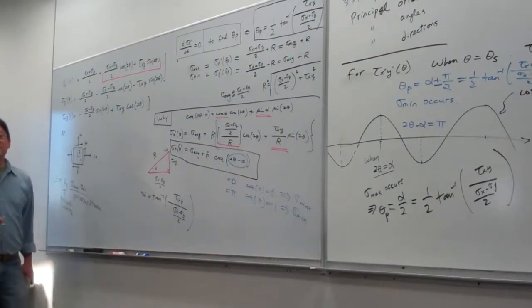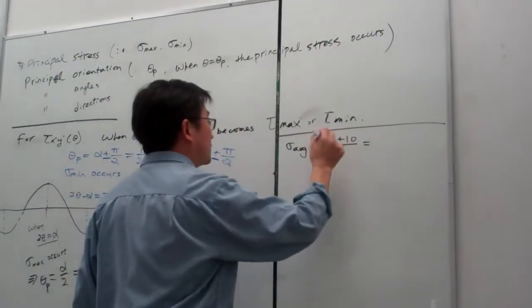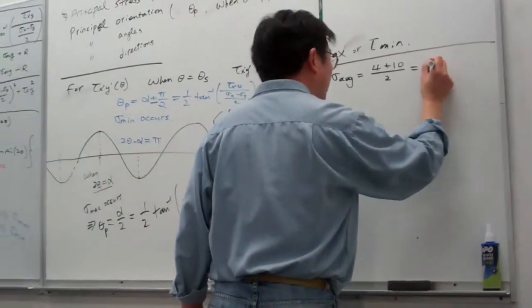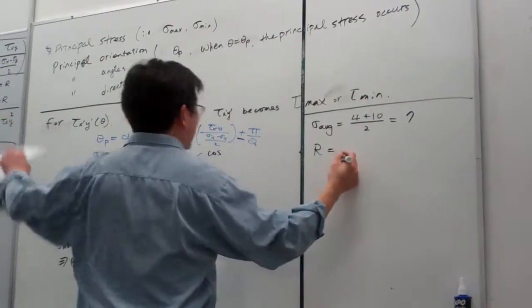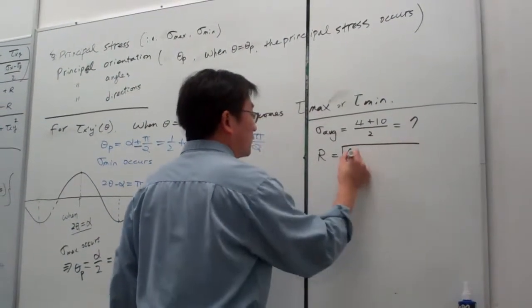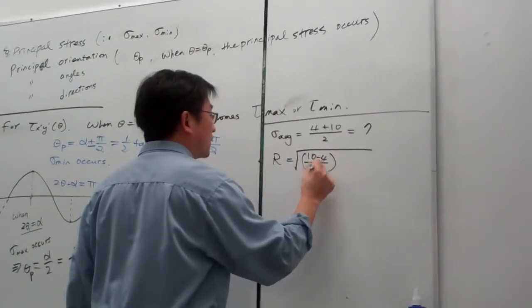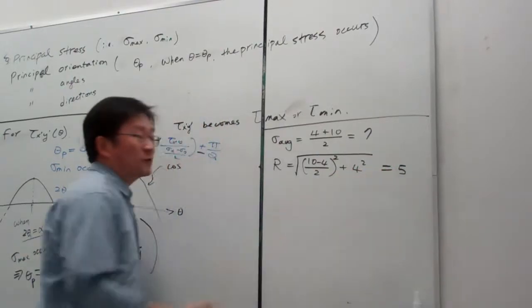Sorry, this should be 4. I'm making the numbers good. Okay, so this would be 7. And R equals, we plug into calculations, the first one is 10 minus 4 divided by 2, squared, plus 4 squared. I'm making the number so that R equals 5.